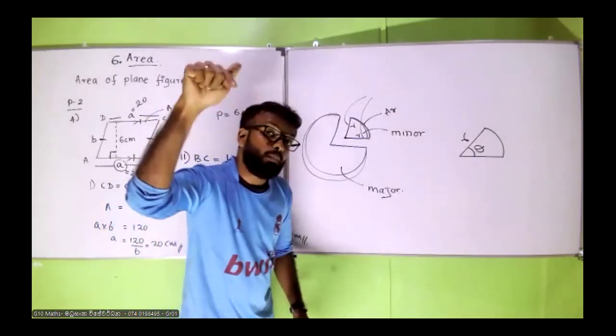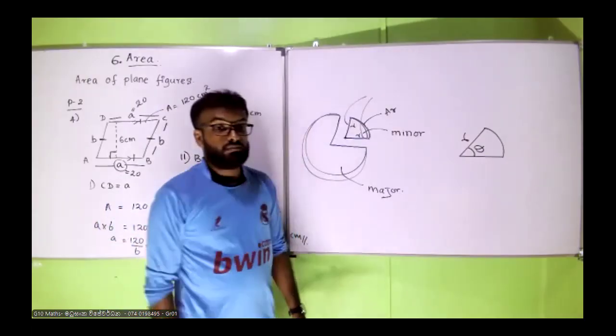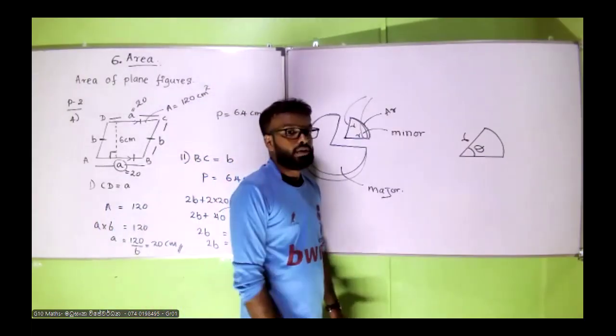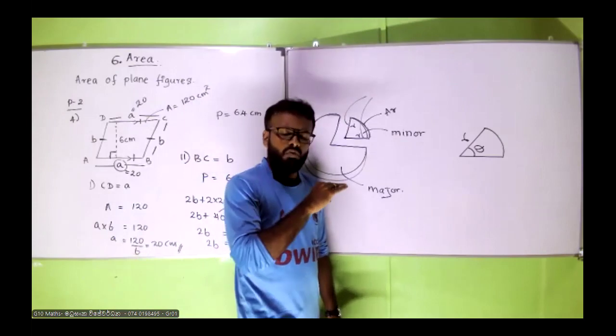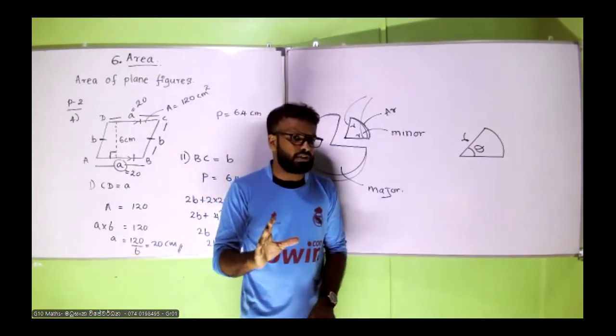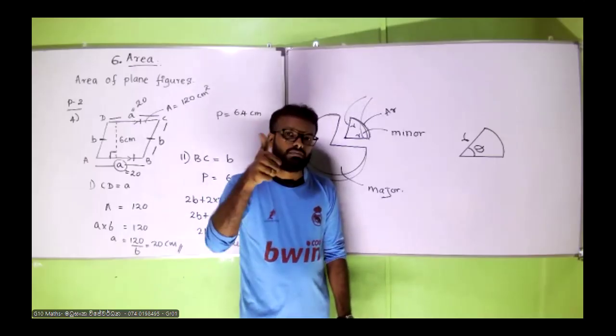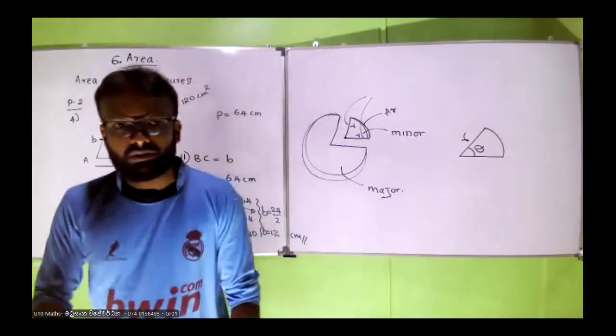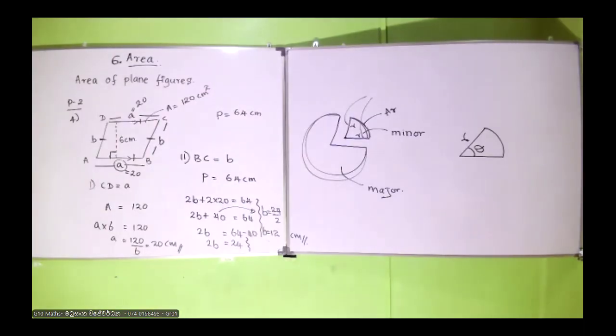How to find the portion of the circle? Can anyone remember? Message them down there. Theta over 360. Wait, give me 5 seconds.